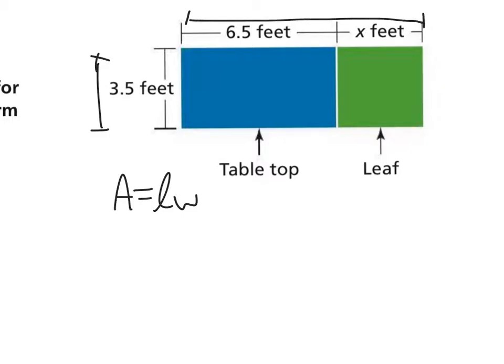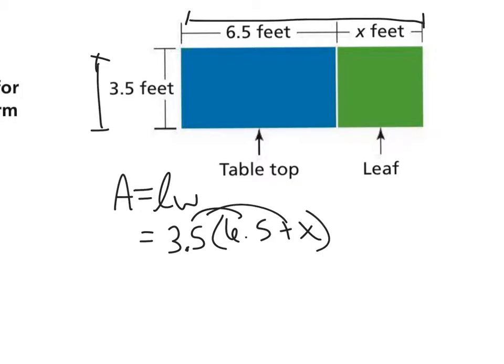But when we're multiplying, we can change the order of these, and we'll get the same thing. So just like the book said, we can do it this way. Instead of putting the 6.5 plus x before the 3.5, it'd be the same thing if we multiply it this way.